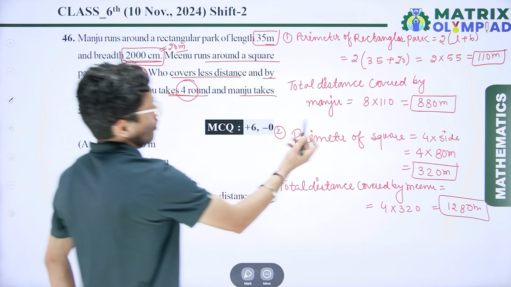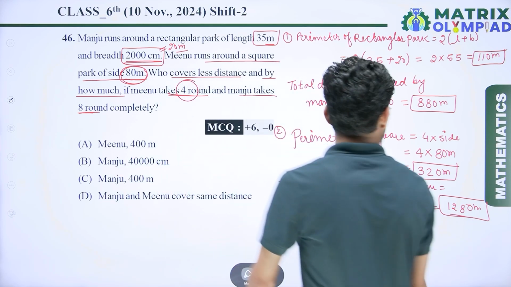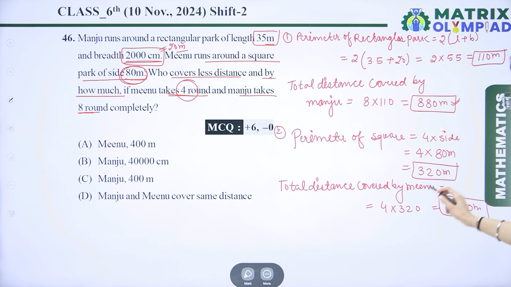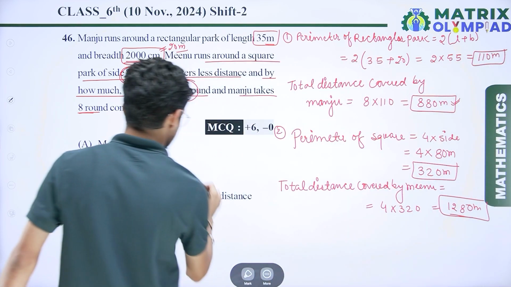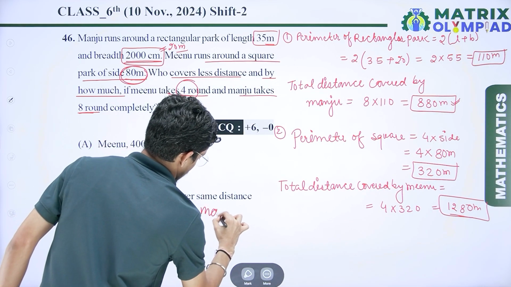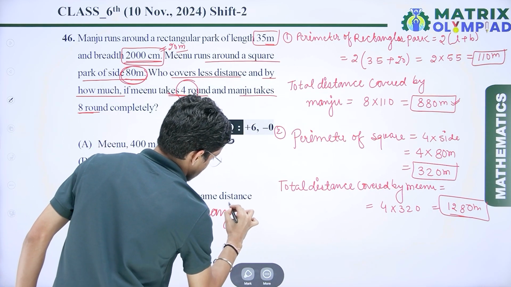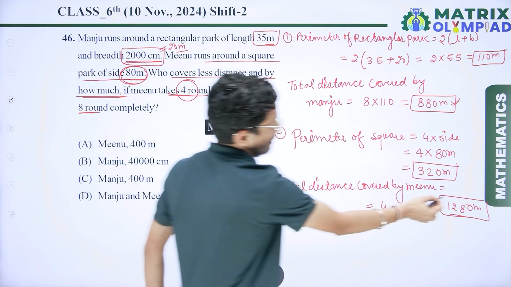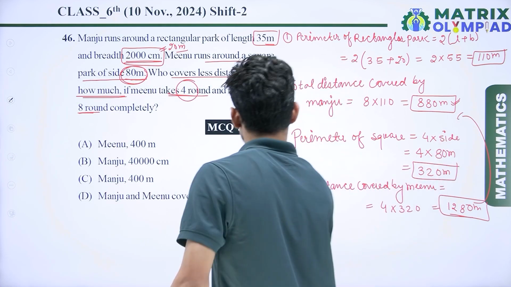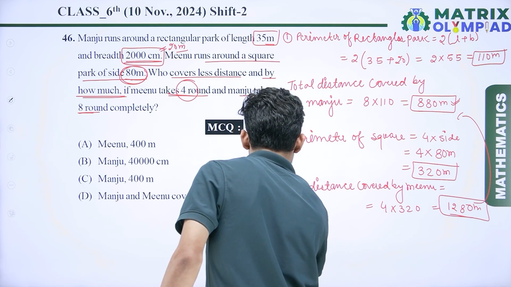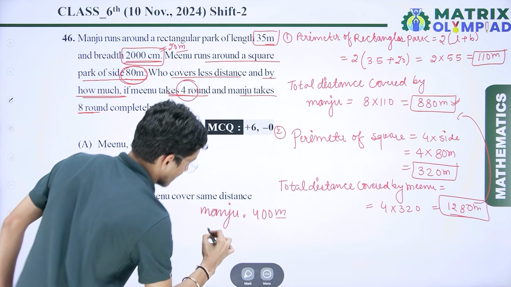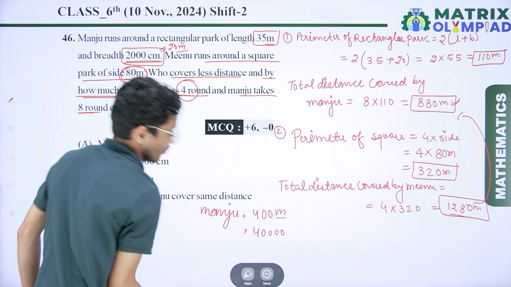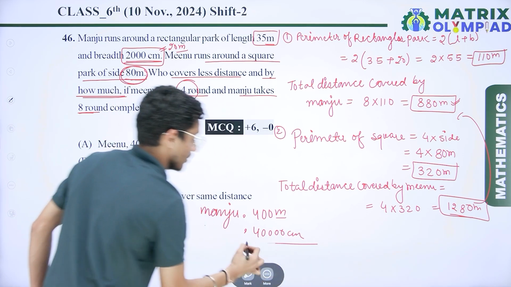Minu covers 1280 and Manju covers 880. It means Manju covers less distance. And the question again is by how much. If I subtract, I get 400 meter. If I convert meter into centimeter, Manju covers less distance by 40,000 centimeter.